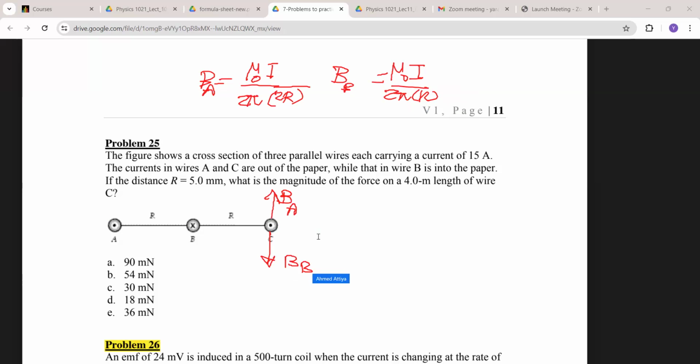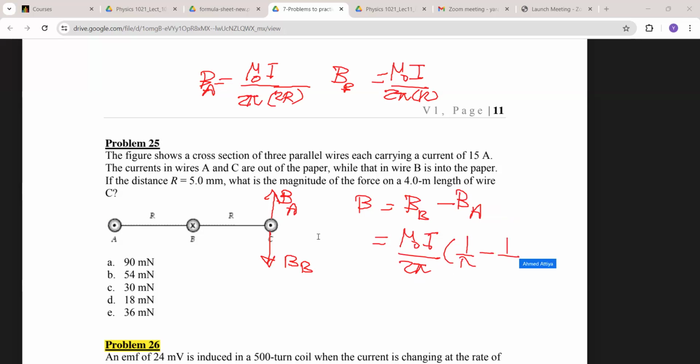So the total magnetic field B: BB is greater, so BB minus BA would be mu naught I over 2 pi multiplied by 1 over R minus 1 over 2R.